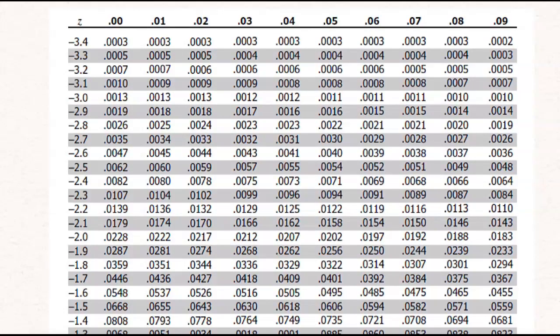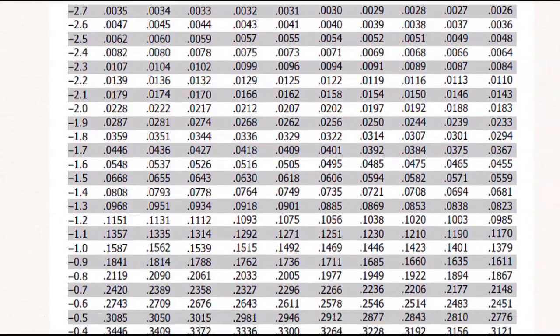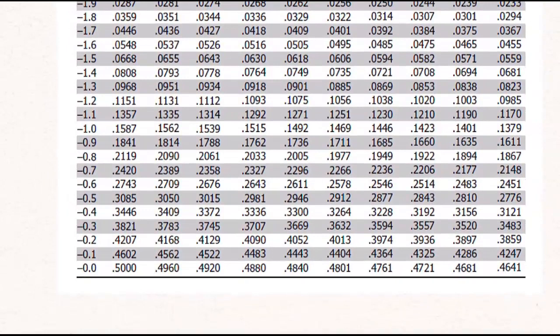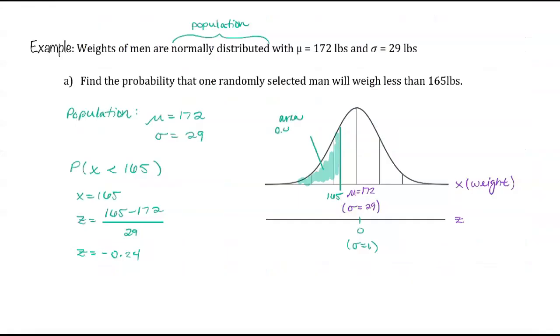Looking at our table corresponding to negative z-scores, we find that a z-score of negative 0.24 has a left area of 0.4052, which means that the probability of a randomly selected man weighing less than 165 pounds is equal to 0.4052, or just over 40%.